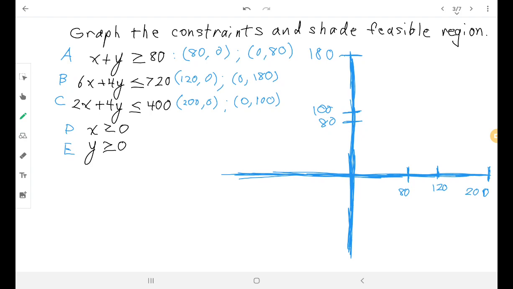And then, so 80, 0 is there. And 0, 80 is there.